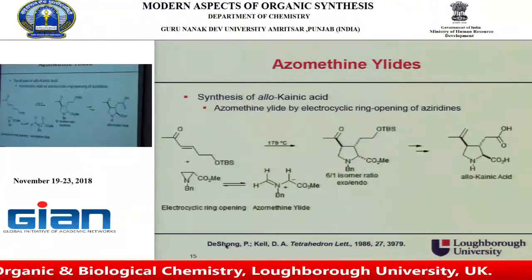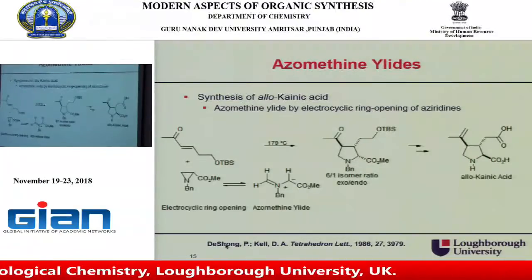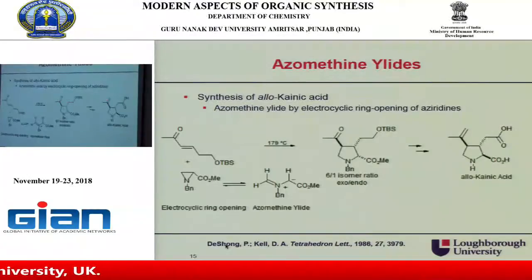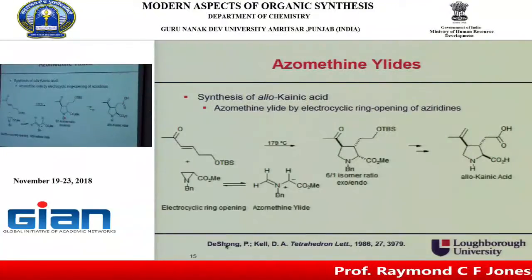I just want to show you an example of a dipolar cycloaddition. To make the natural product, there had to be a Wittig reaction here to extend this by a carbon, and then there had to be an oxidative step here to make a carboxylic acid. And then at the end of it all, the nitrogen was deprotected and the ester was hydrolyzed.